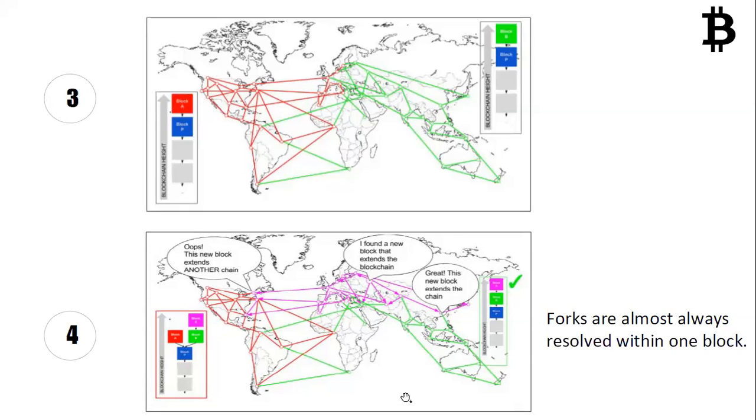So the Australian node which added the green block will be rewarded, and all the transactions in the green block will be confirmed. But all the transactions in block A will still be in waiting position, and block A will be discarded.